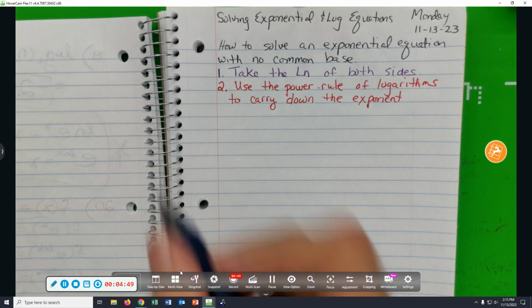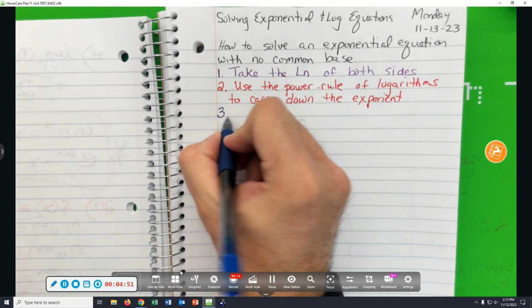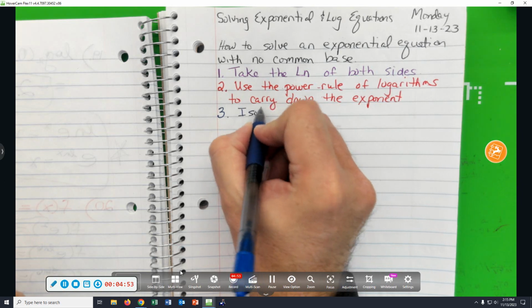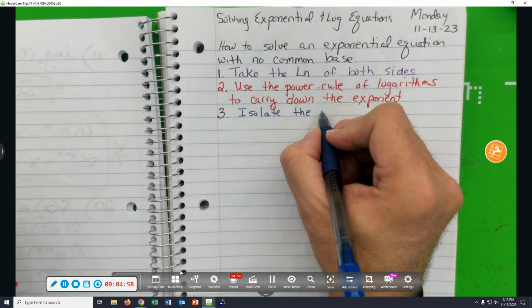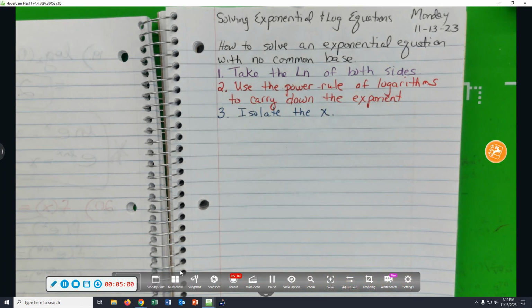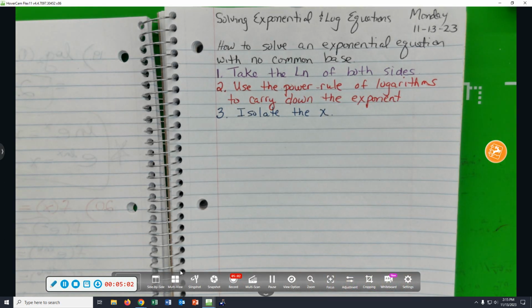Step 3, isolate the x. These 3 steps are exactly what we'll do on problem number 1.